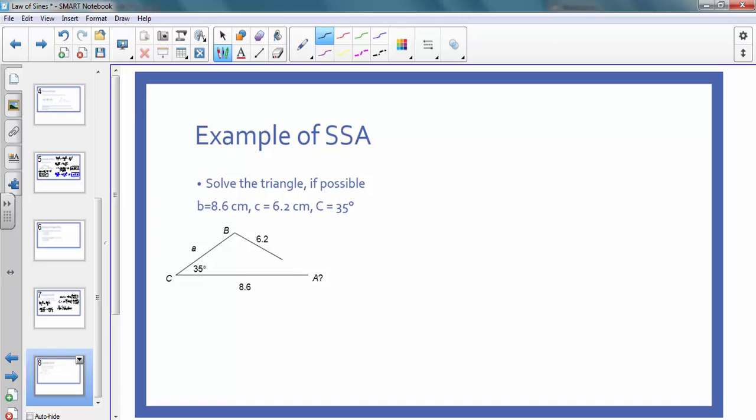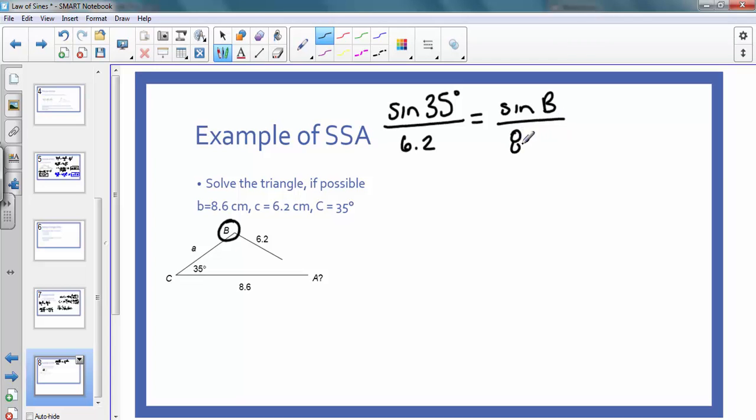So the first thing that I'm going to do is use the law of sines to try and figure out what the angle B is. So I have the sine of angle C, which is 35 degrees, over the length of C, which is 6.2, equals the sine of B over the length of B, which is 8.6.